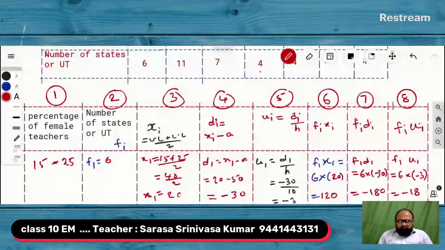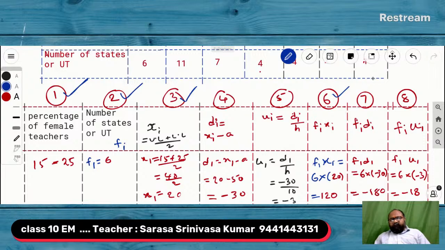To solve this problem by the direct method, we require column 1, column 2, column 3, and column 6. These are required to calculate the arithmetic mean by the direct method.